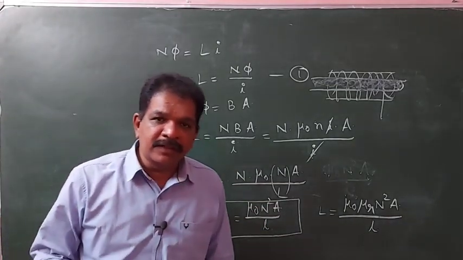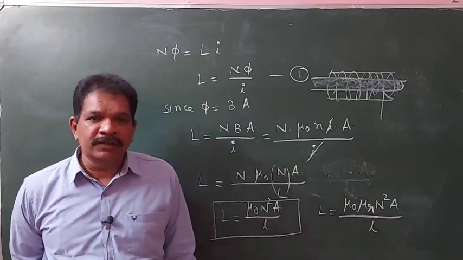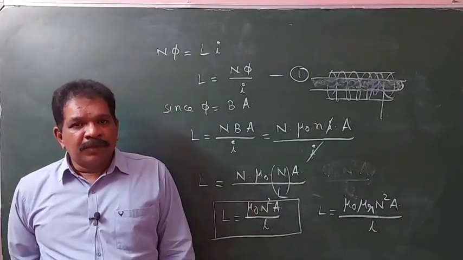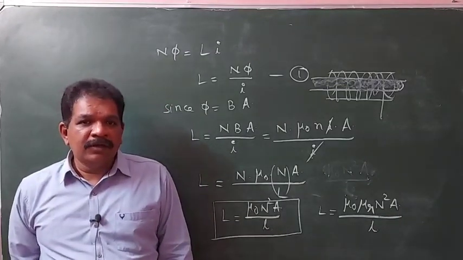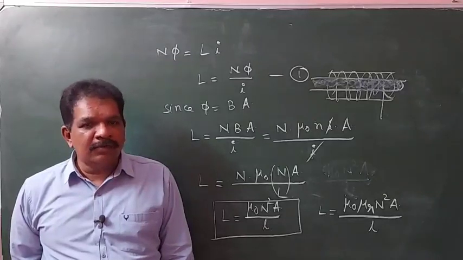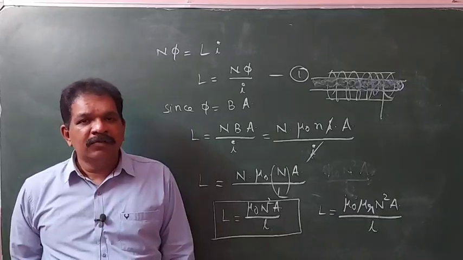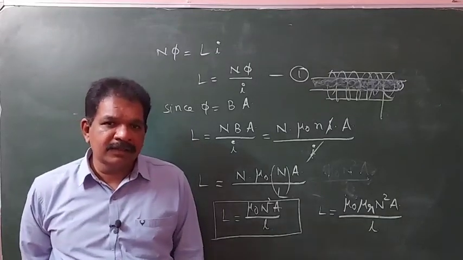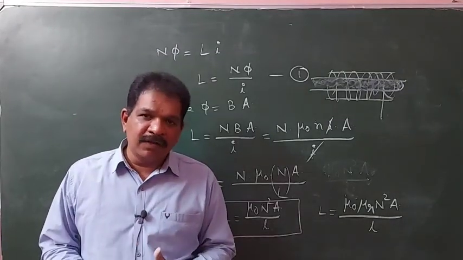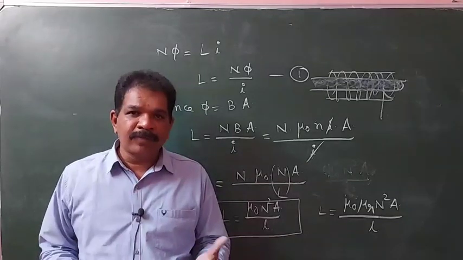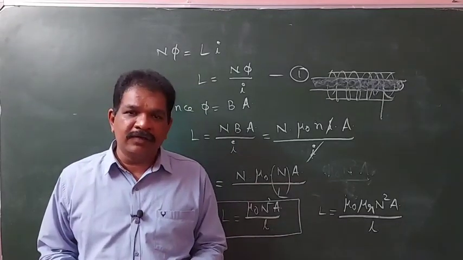So in this class, up to now what we discussed: the relation between induced charge and magnetic flux. Later, what are eddy currents, what are the uses of eddy currents, what are the disadvantages of eddy currents.